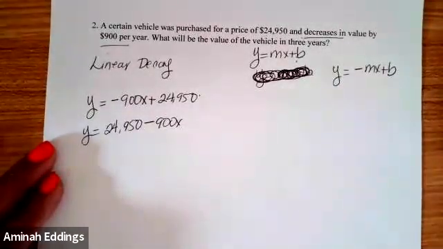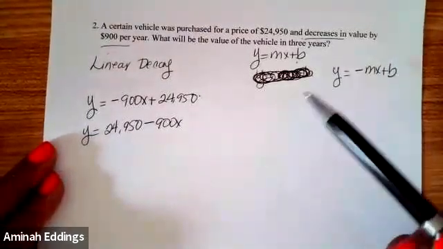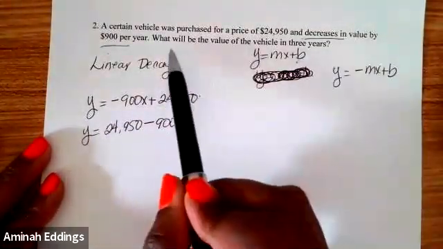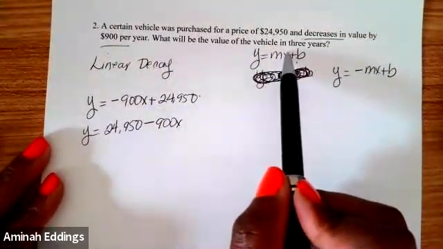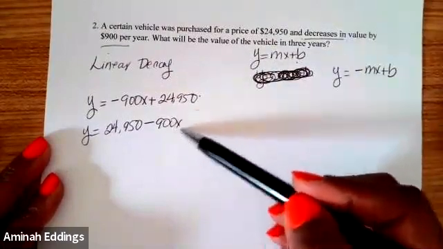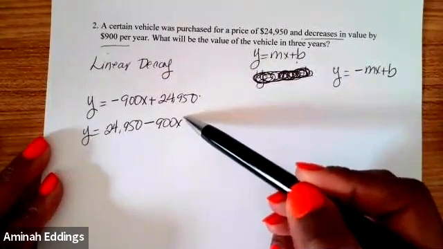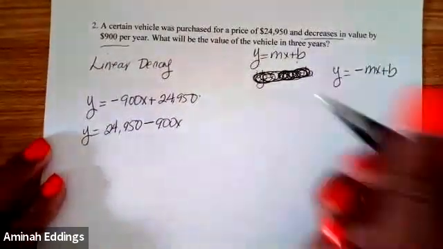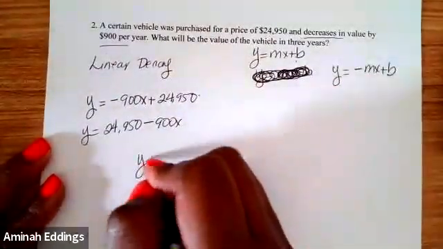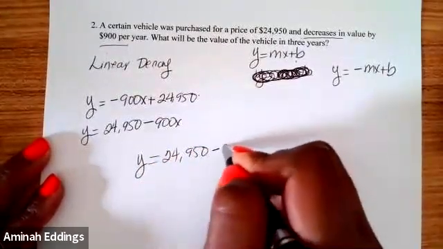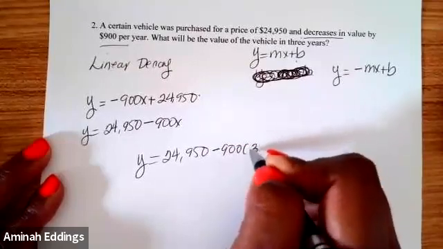Is there a way to do it for the 3 years? Yes, so what we're going to do now, this is the function. And so what we can do now is when it's asking what will the value be in 3 years, this x just simply becomes 3. Okay. And so we'll say y is equal to 24,950 minus 900 times 3.